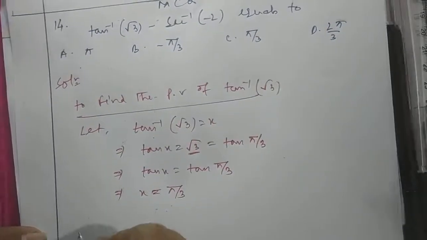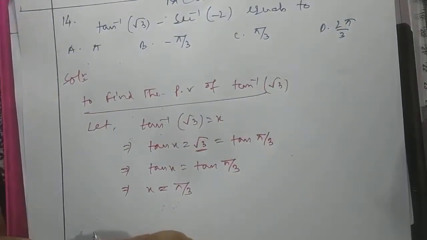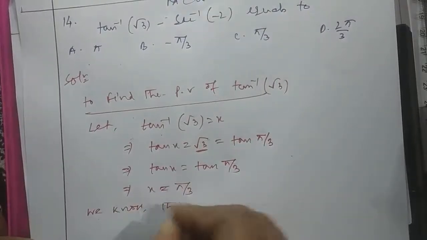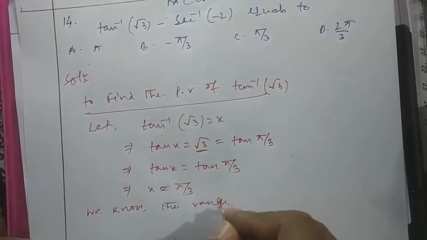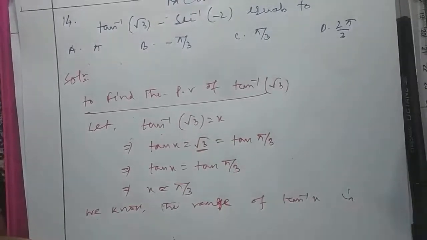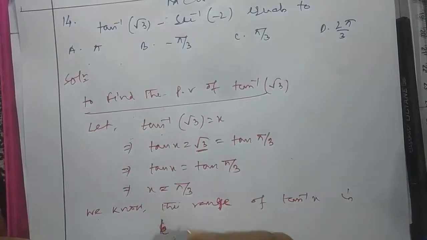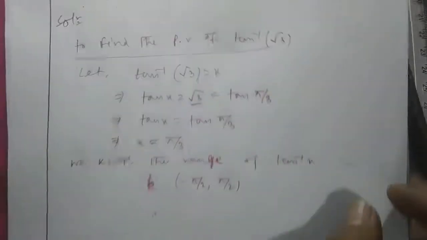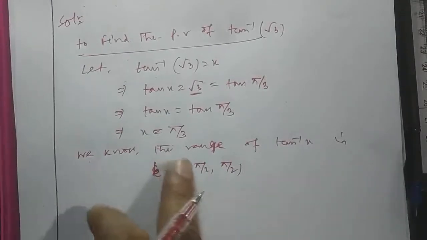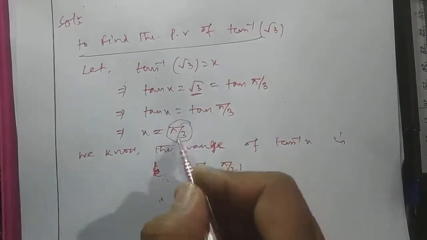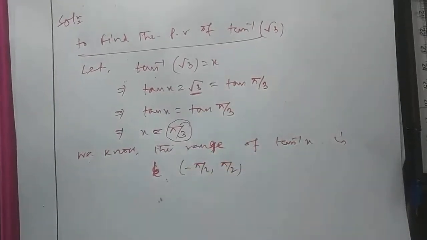Now let us recall the range of tan inverse x. We know the range of tan inverse x is minus pi by 2 comma pi by 2, open interval, correct? Now we have to check whether this pi by 3 belongs to this range or not.